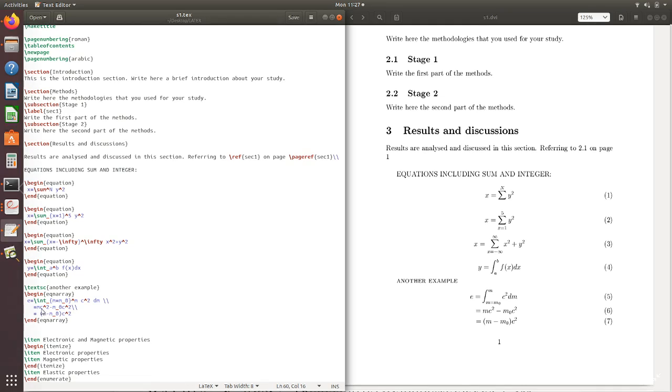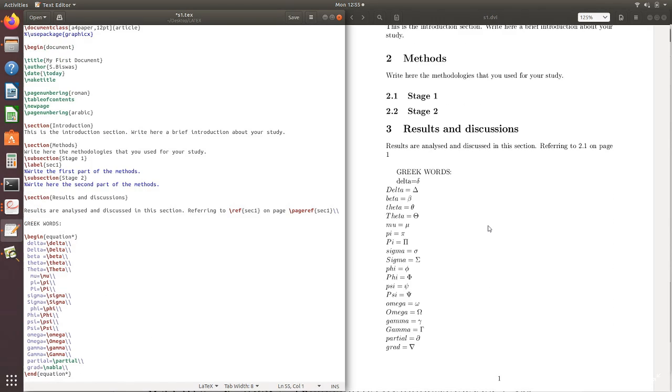So mc square, then minus m0 c square, and this will finally give you (m minus m0) into c square. This is not very difficult to understand. Just compare this input and output, and everything will be clear to you.